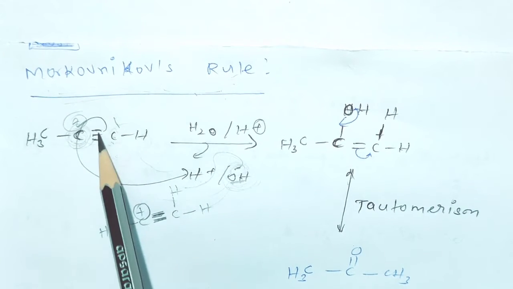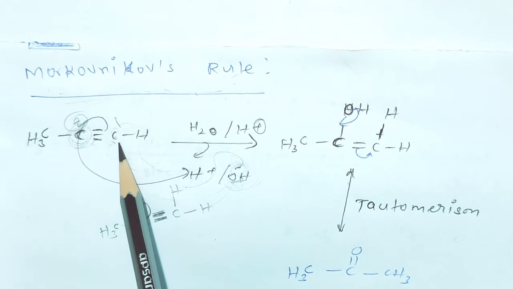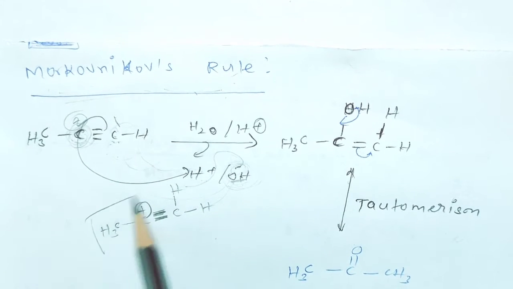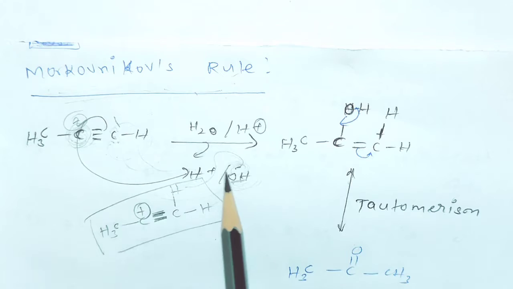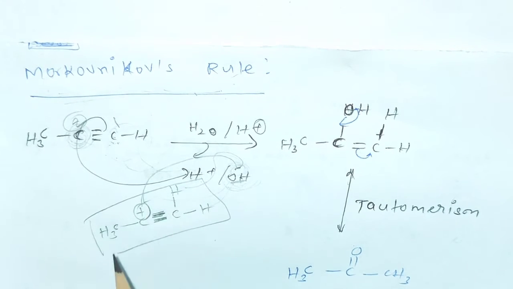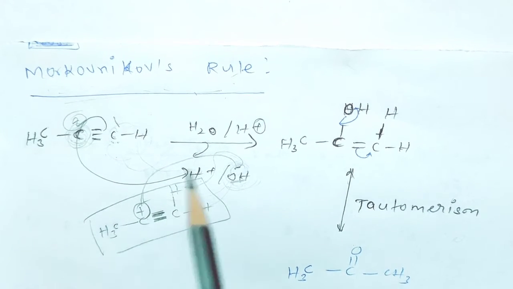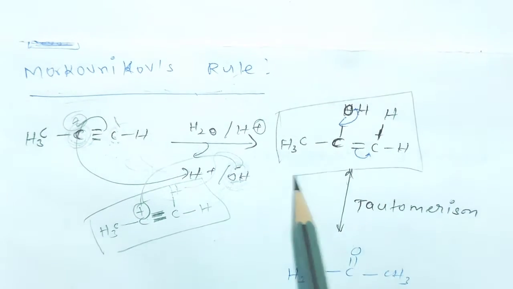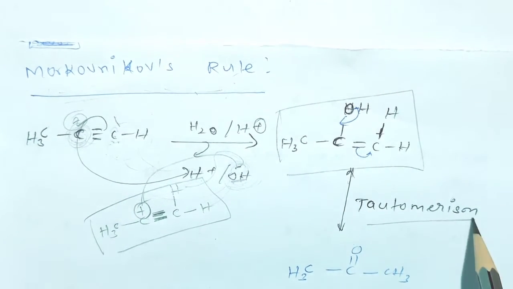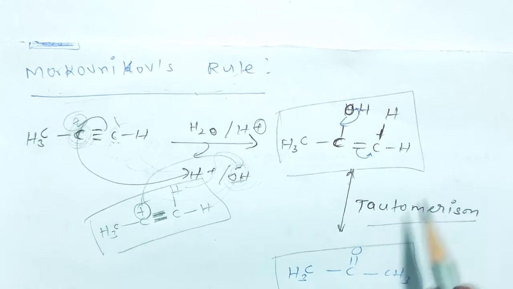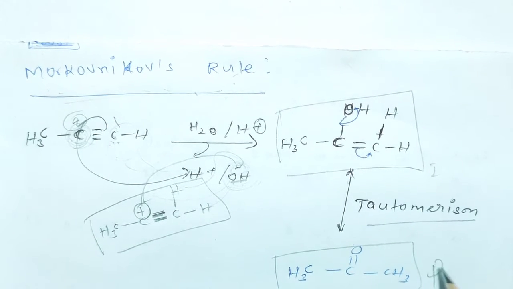First of all, this H plus attacks this carbon, and a carbocation forms. Next, the OH minus attacks this C plus carbon. Finally we get this intermediate, and further by tautomerism we get this compound. This one is the intermediate, and this one is the product.